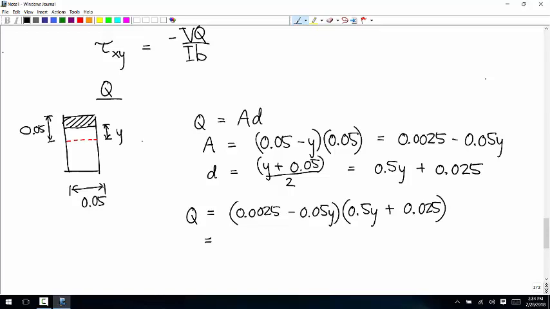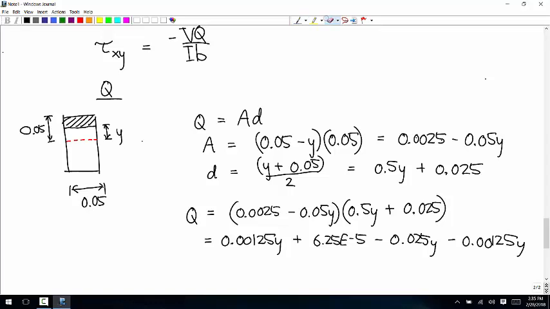Okay, so this is equal to 0.00125 y plus 6.25 times 10 to the minus 5 minus 0.025 y minus 0.00125 y.